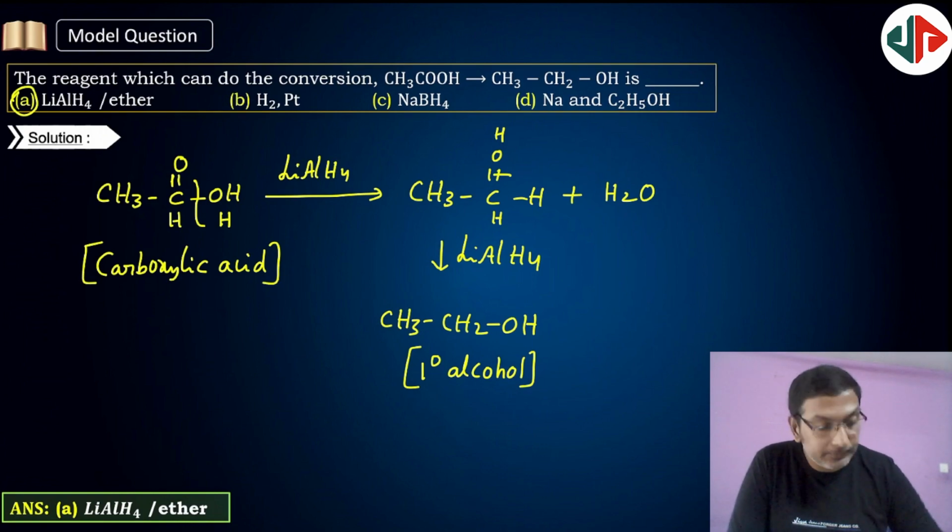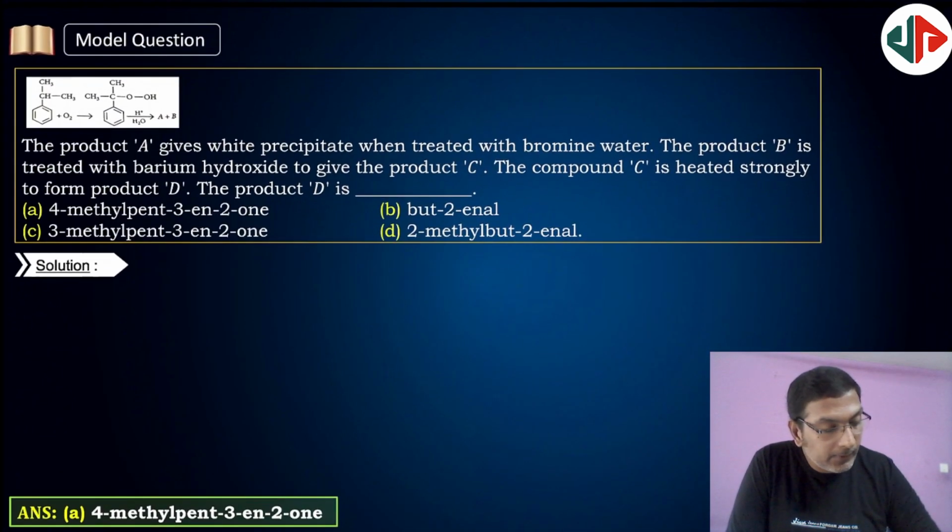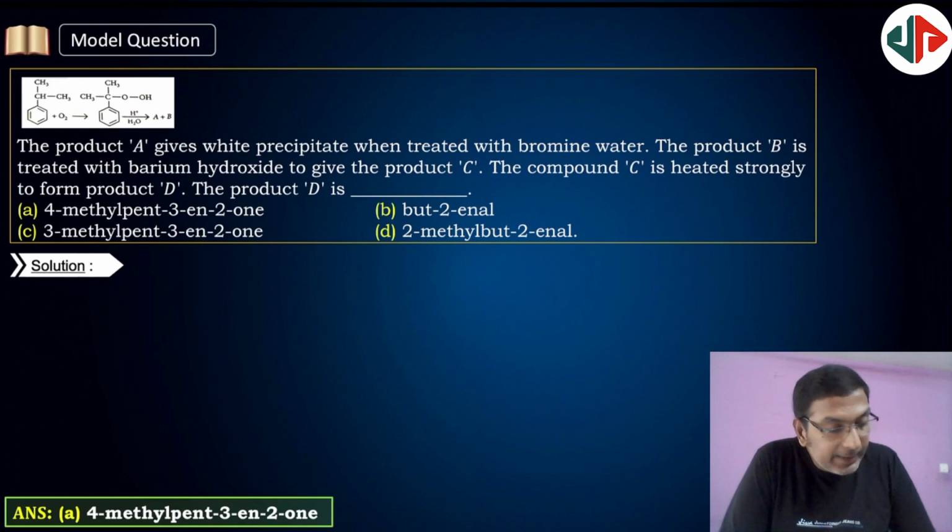Next, the product A gives a white precipitate when treated with bromine water.